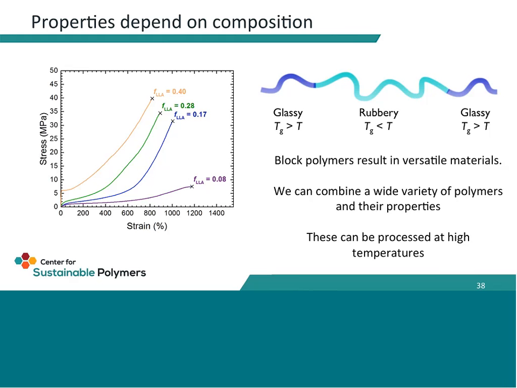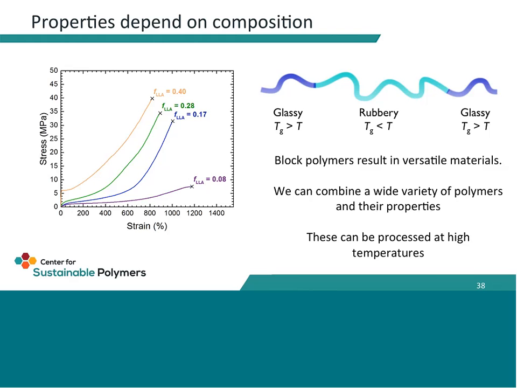So by using these block polymers where we can incorporate both glassy and rubbery components, we can get really versatile materials and we can change how these materials behave. We can also combine a wide variety of polymers. So we can choose a wide variety of polymers for the rubbery component and select a wide variety of polymers for the glassy component, and pairing those two, we can get a lot of different types of materials.